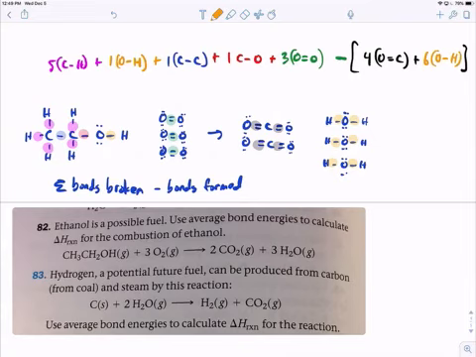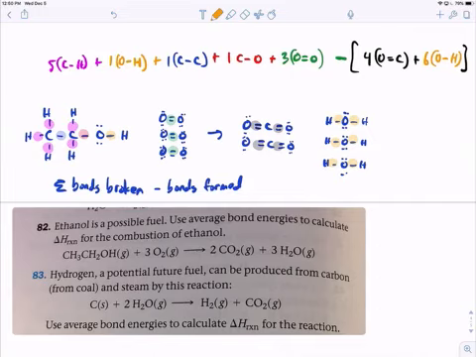So you see here you got all the bonds. There are 5 carbon-hydrogen single bonds broken, 1 hydrogen-oxygen single bond, 1 carbon-carbon single bond, 1 carbon-oxygen single bond, and 3 oxygen double bonds.